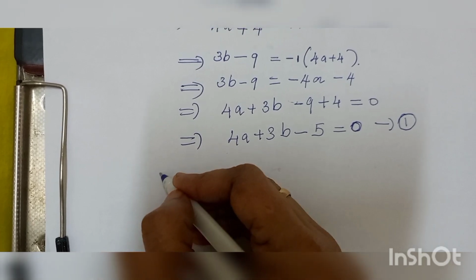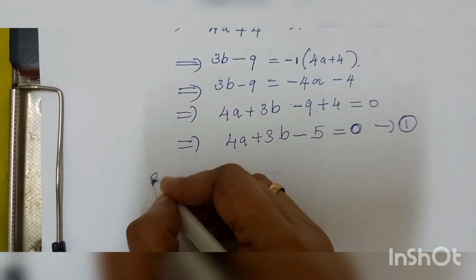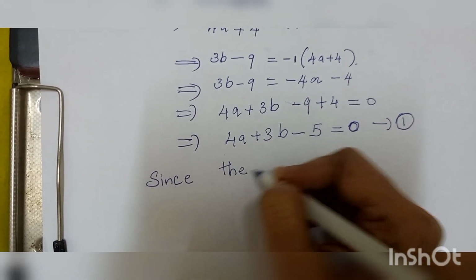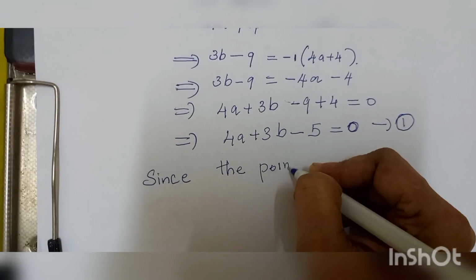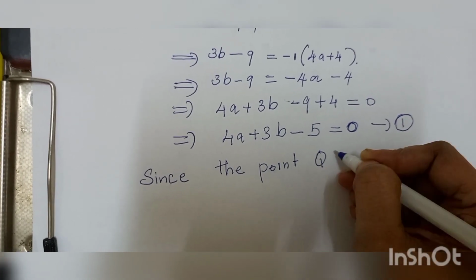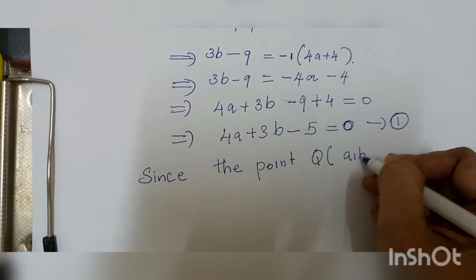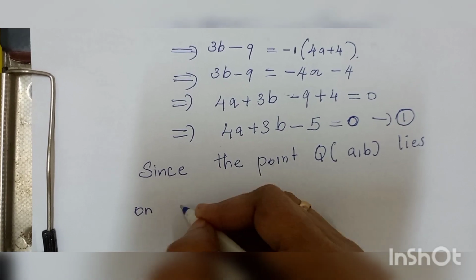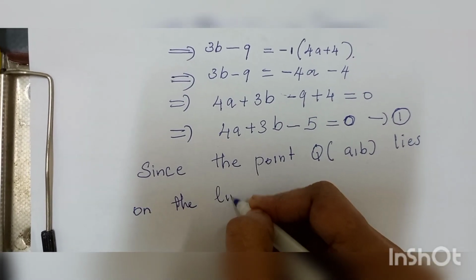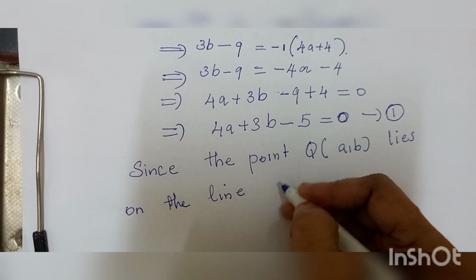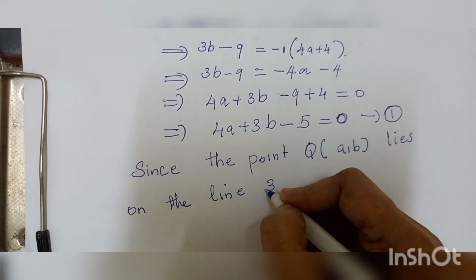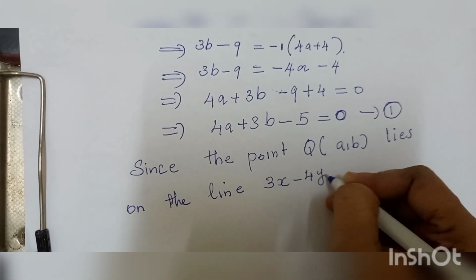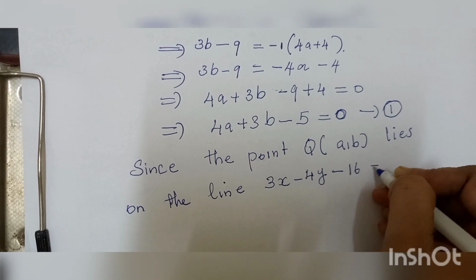Then, since the point Q, whose coordinates are (a, b), lies on the line, what is the line here? 3x minus 4y minus 16 is equal to 0.